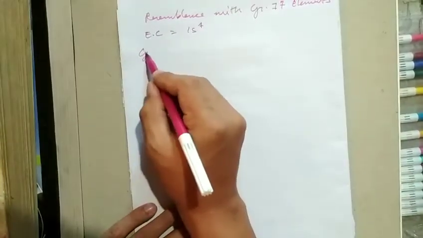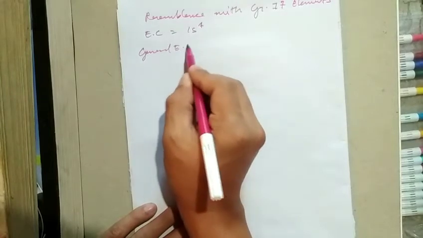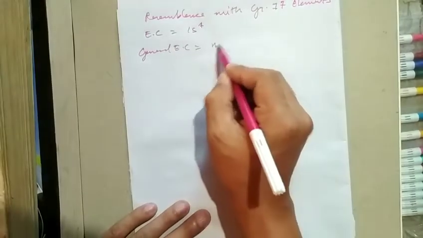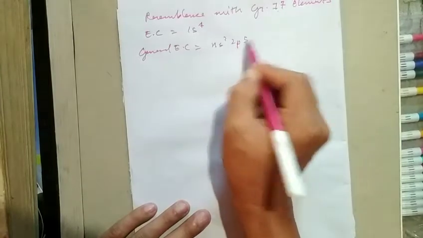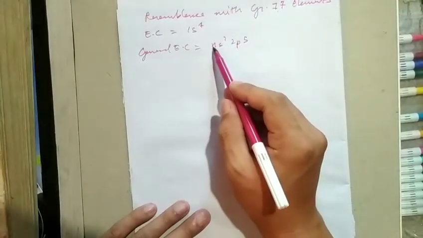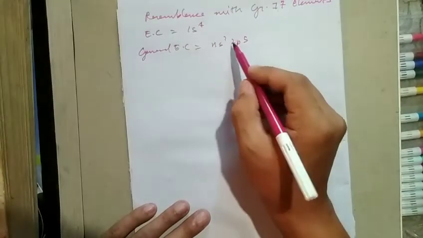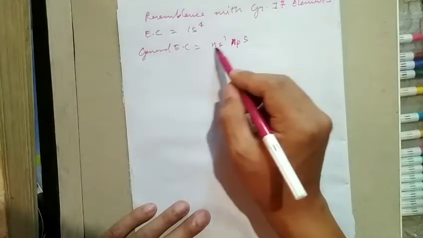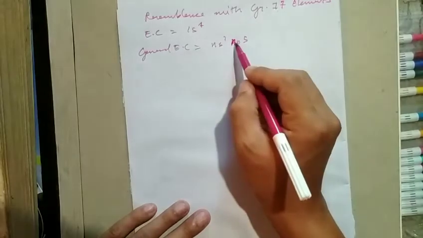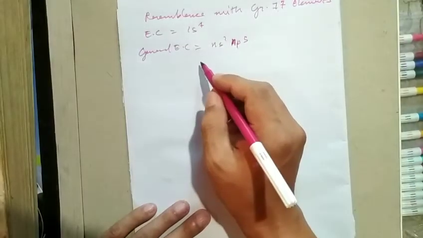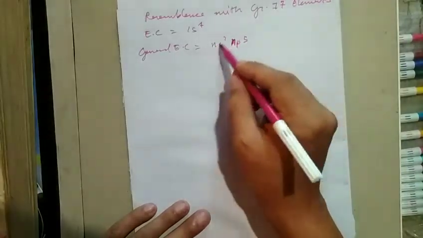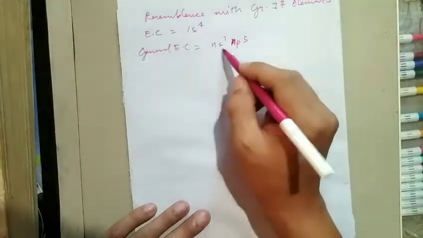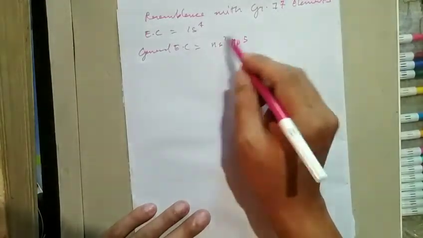The general electronic configuration of group 17 is ns2 np5, where n can be any number, 2, 3, 4. This represents the outermost shell.